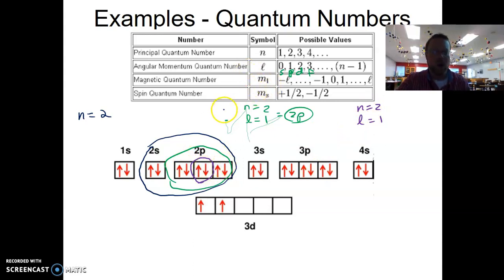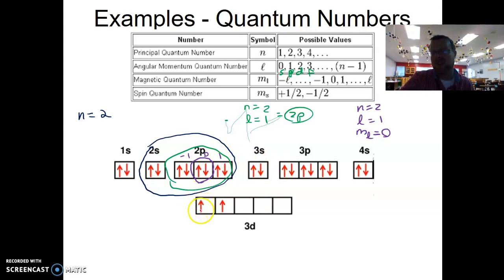That's my m sub L quantum number. Now, m sub L ranges from negative L up to L, so here we're talking negative 1 up to positive 1, negative 1, 0, 1. Looks like the middle box is going to be the 0 here, so I could say m sub L equals 0 for those 2 electrons.